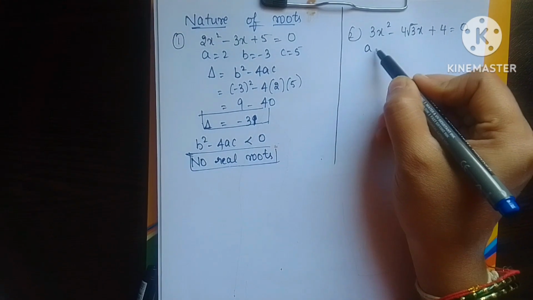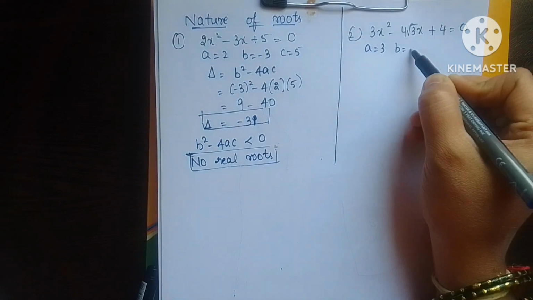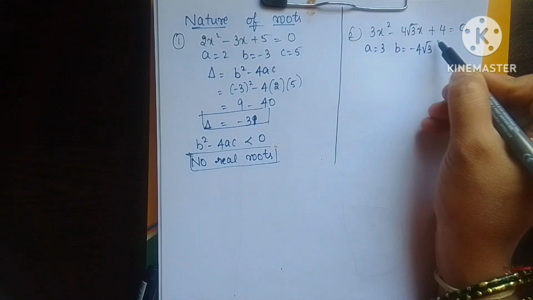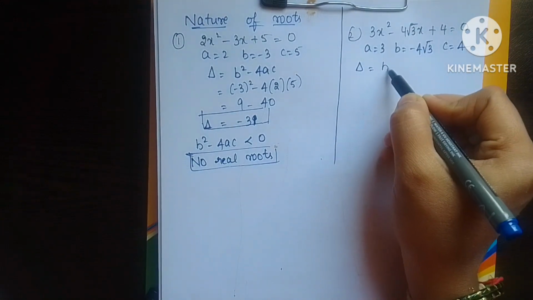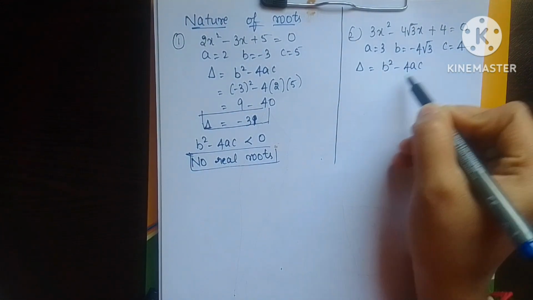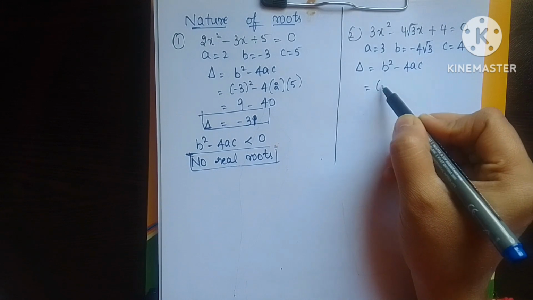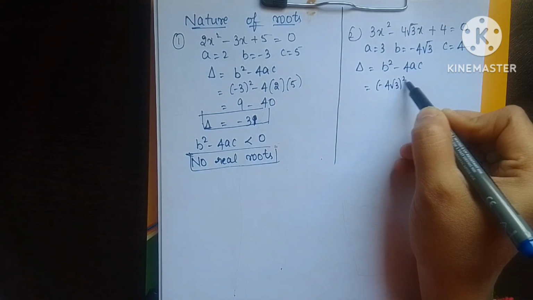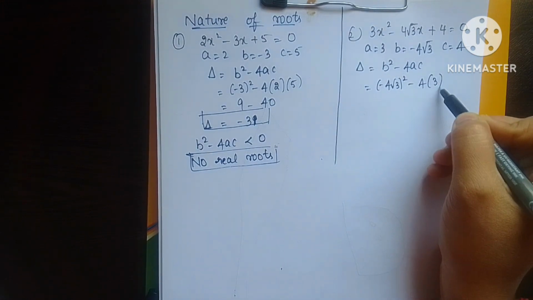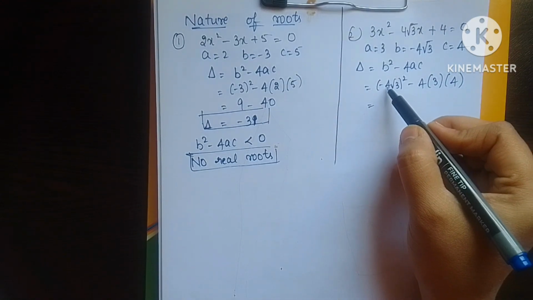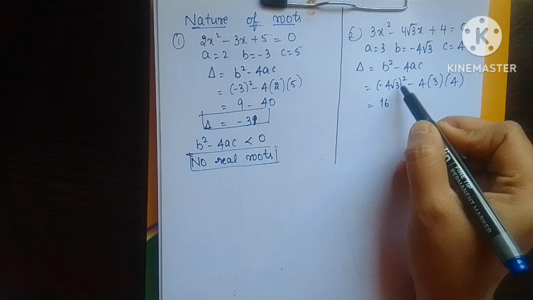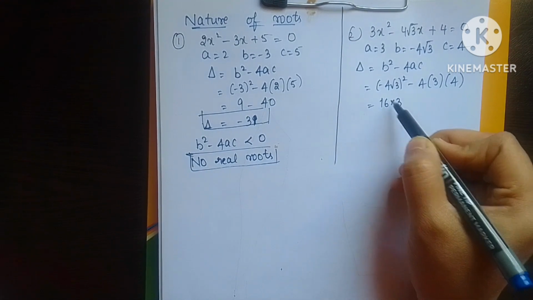The second question: a is 3, b is equal to minus 4 root 3, c is equal to 4. So delta is equal to b square minus 4ac. So b square means minus 4 root 3 whole square, minus 4 into a is 3, c is 4. Now 4 square is 16, root 3 square is 3.